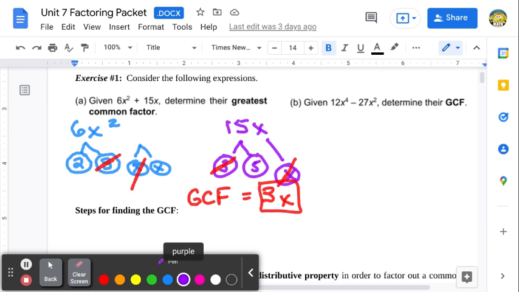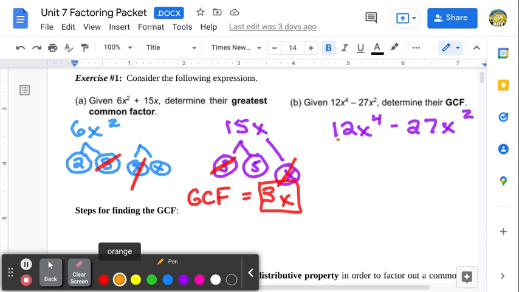The other way, and I'm just going to rewrite this problem, 12x to the 4 minus 27x squared. I just want to make it a little bit bigger. The other way you could use is quicker, but it's more tricky, a lot more work in your head. We have to find the biggest number that divides into 12 and 27.